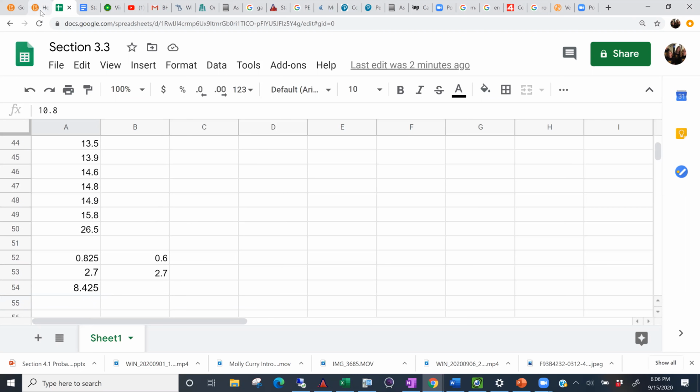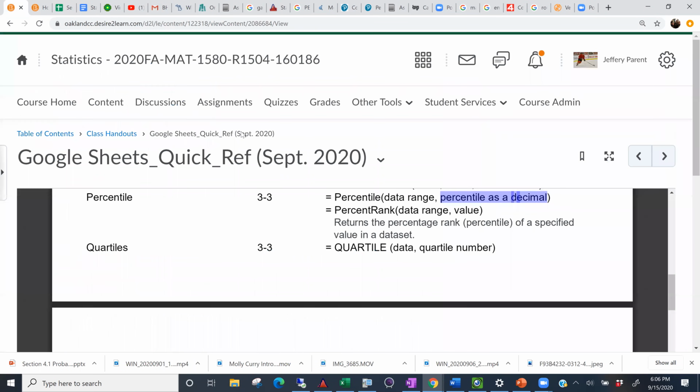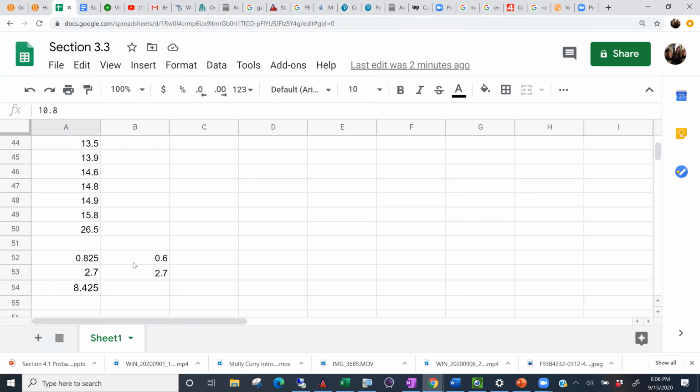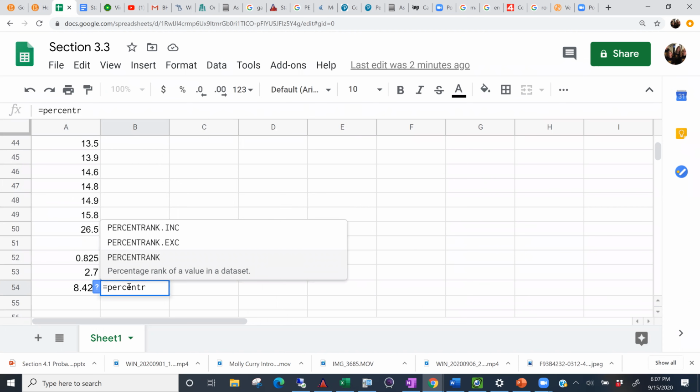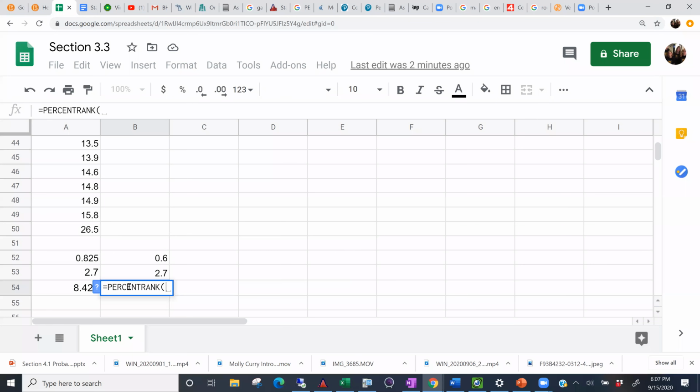Now the command for this comes from percentile or percent rank. So as usual, you got to tell it the data range, but this time you're going to give it the value. You're going to tell it, well, what value are you looking at? So I'll type in equals percent rank. And once I get to the R, it can finish it off for me, percent rank.